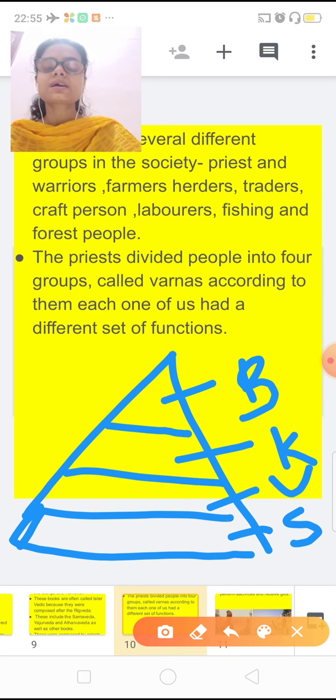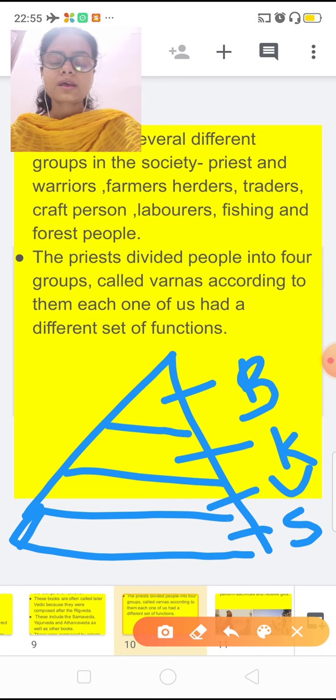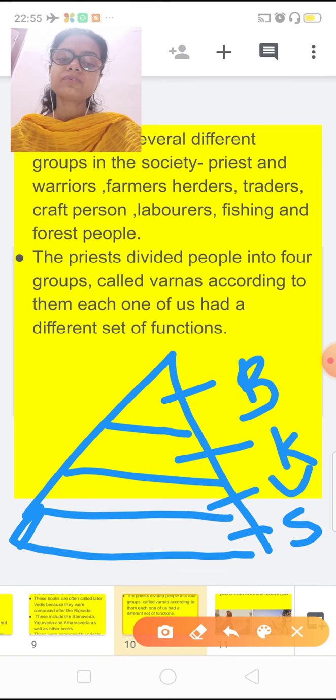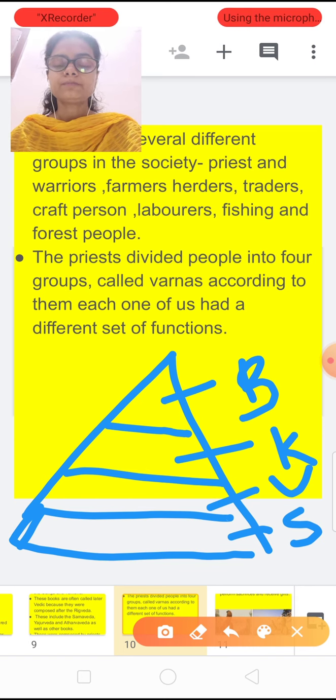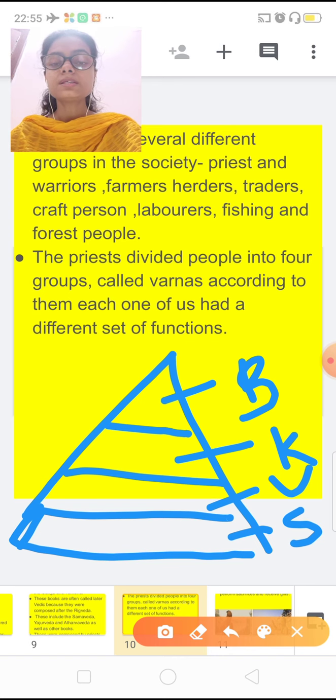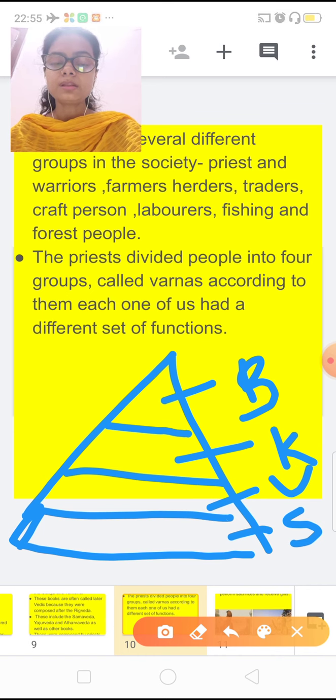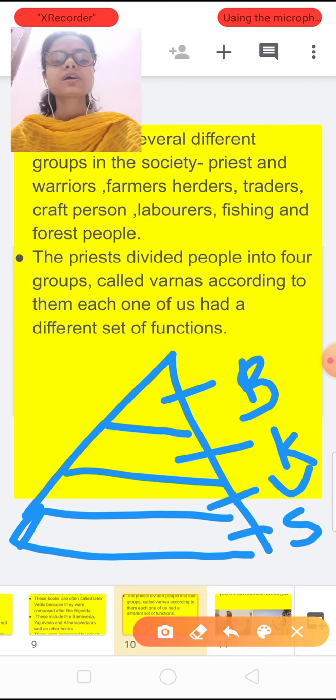So this is a kind of table, and at that time the people of different groups were divided according to this table, or we can say in this Varna. This table is also known as Varna. So the topmost Brahmin, then Kshatriya, then Vaishya, and last Shudra.